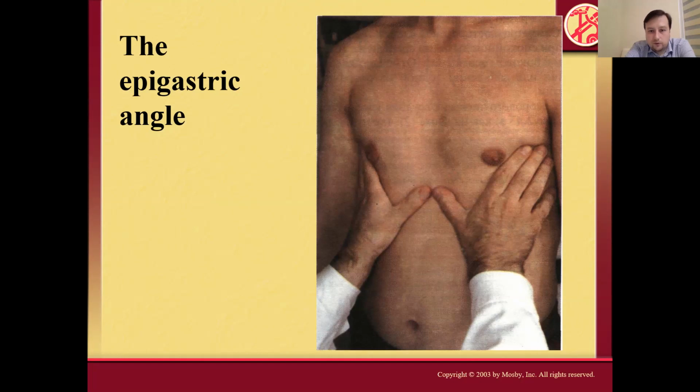As you remember from the general inspection, we check the epigastric angle to find the type of chest. It can be normosthenic, hypersthenic, and hyposthenic. If we have an angle of 90 degrees, it is a normosthenic patient. More than 90, hypersthenic. Less than 90, hyposthenic.